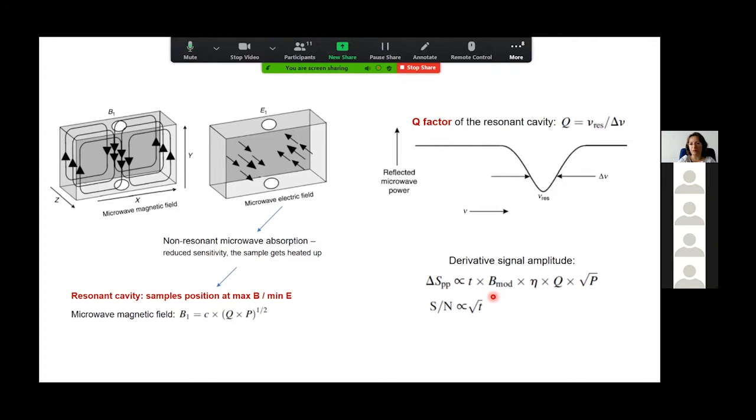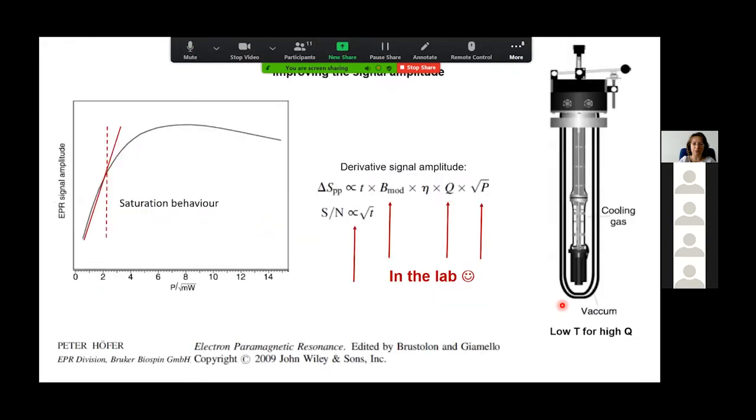Also, these parameters have to be optimized. You cannot increase them too much. We see here the so-called saturation behavior of the microwave power. And we have to stay in this linear regime.